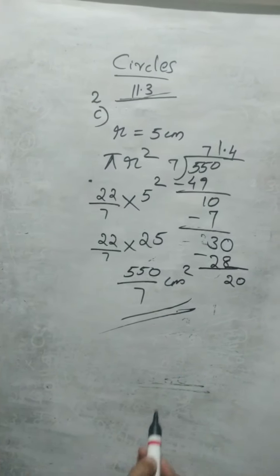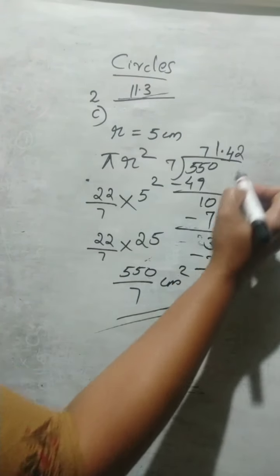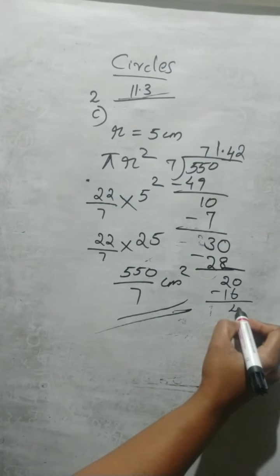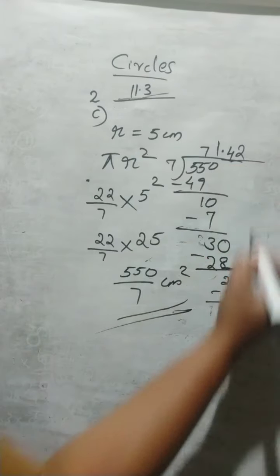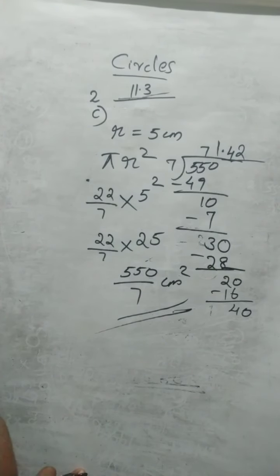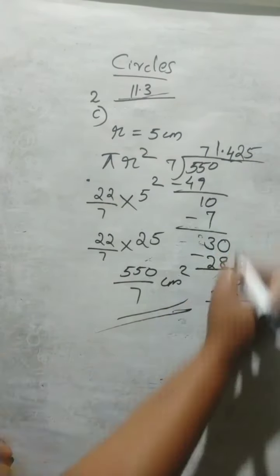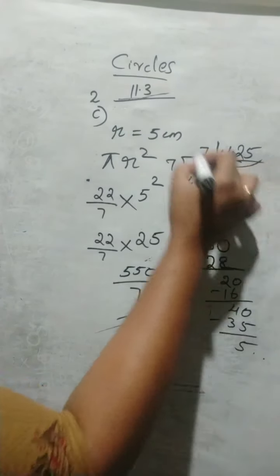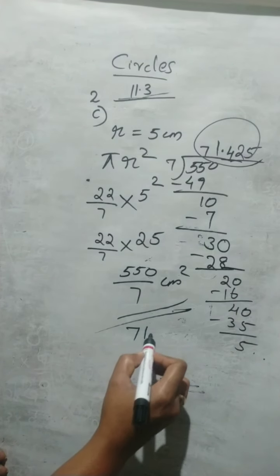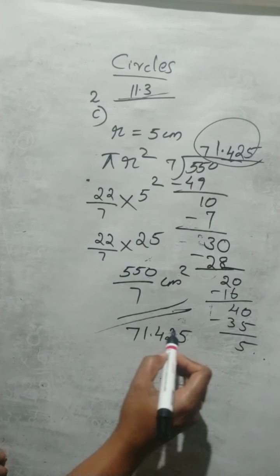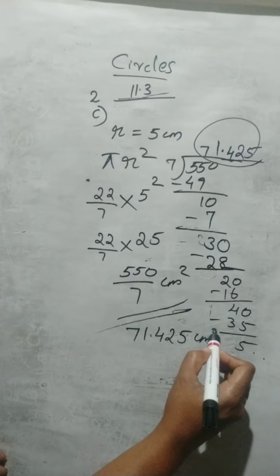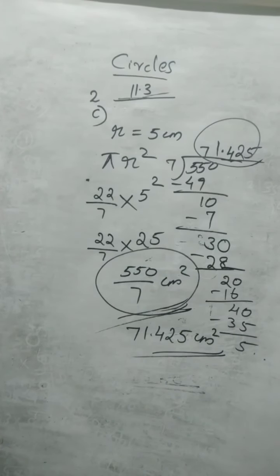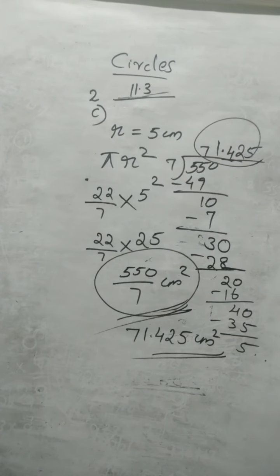In this 22 are there. 3 7s are 21. Okay. Then 40. Then how many will be there? 5. 5 7s are 35. Then subtraction again 5 and so on. We can stop it here. That is 71.425 centimeter square or 550 on 7 centimeter square.